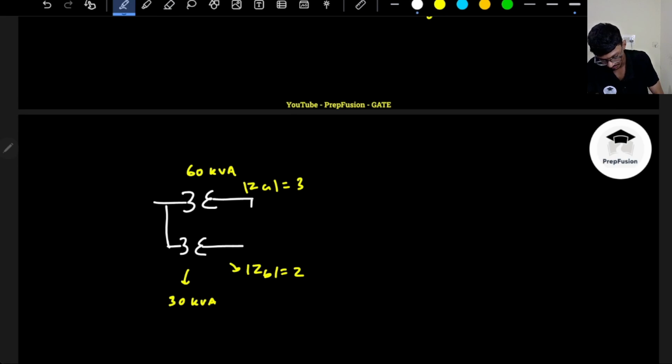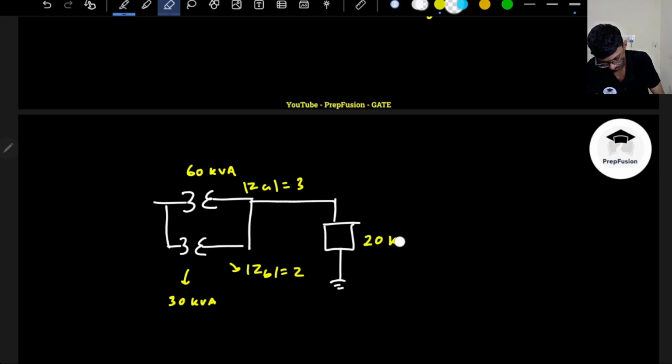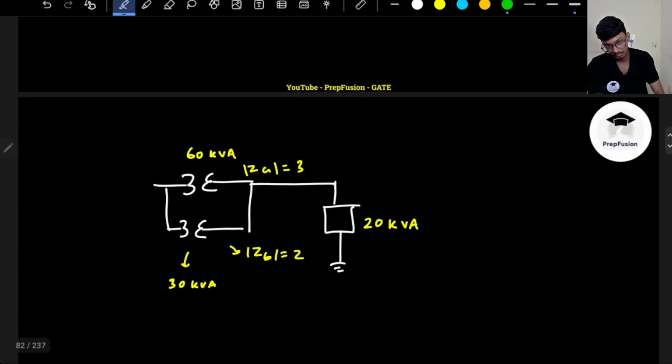And what kind of load are they supplying? They're supplying a load which takes around, let's assume, 20 kVA. Now what will be the load sharing?